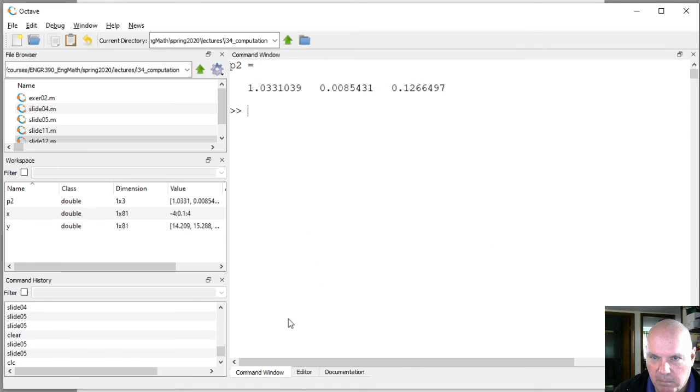Again, if I look at P2, I get the coefficients of that best fitting polynomial. So it's 1.03x squared plus 0.008, or about 0.01x, and then plus a constant term of 0.12.